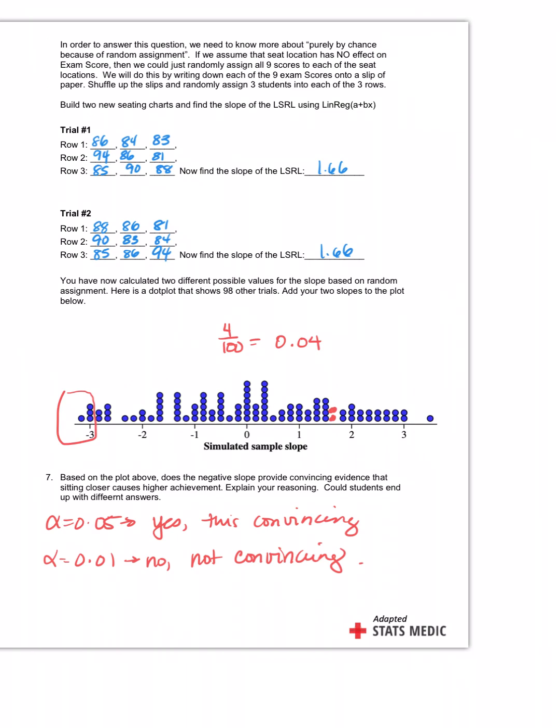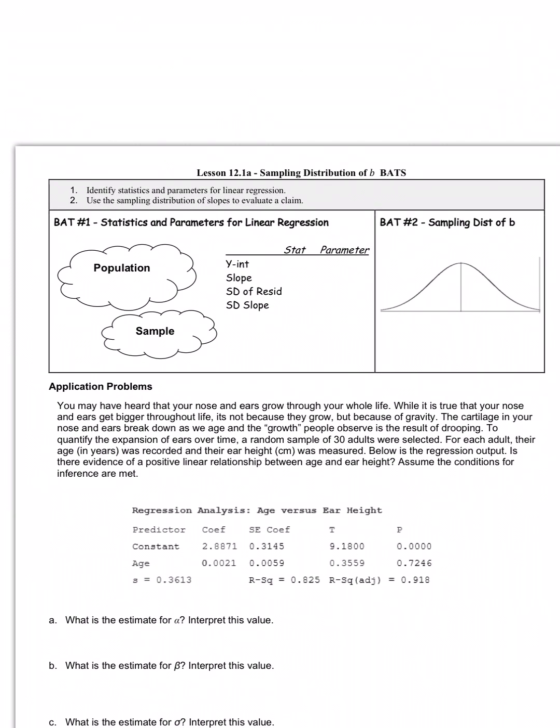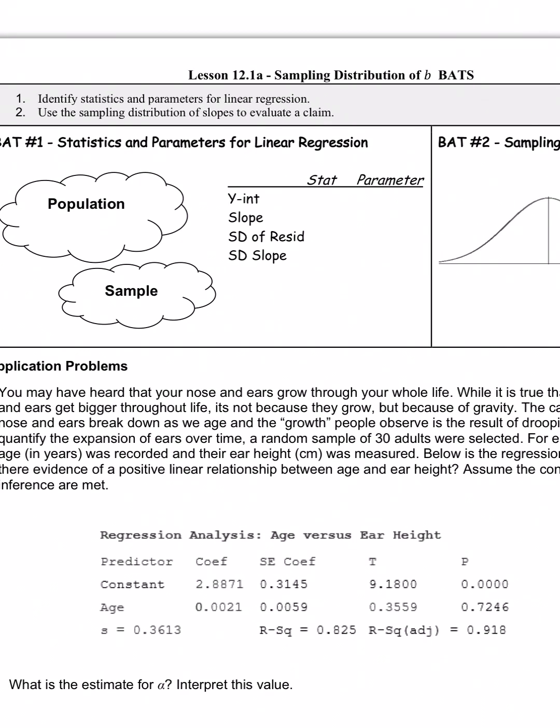All right? So on that, I'm going to show you some new symbols. It'll remind you of some symbols. So in our last chapter, we dealt with the sample. So we said it was y hat equals a plus bx, right? That's what we're used to. And what was the y-intercept in that line?